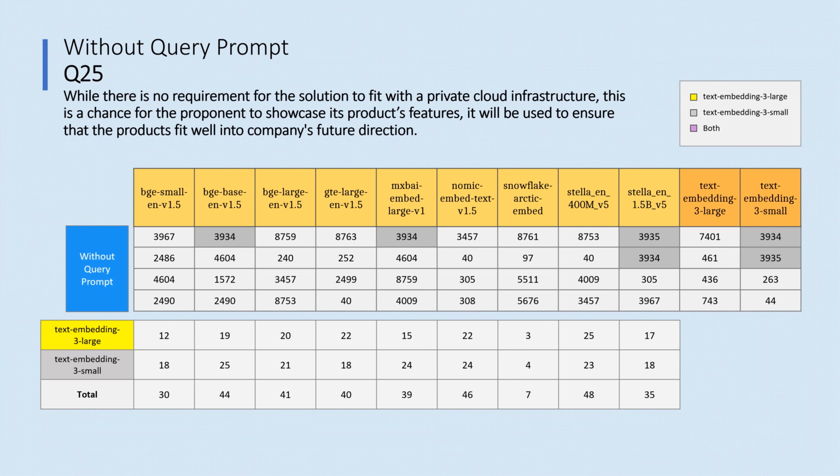Stella-en 400M leads the race, closely followed by Nomic Embed Text and BGE Base En. Now let's see if using query prompts makes a difference.